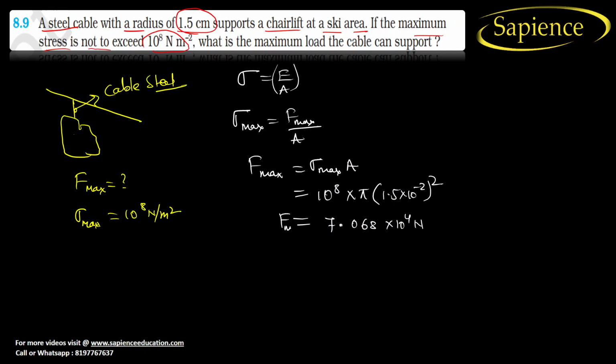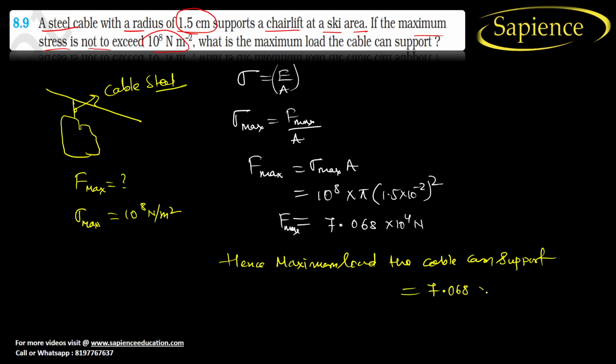Hence the maximum load the cable can support is equal to 7.068 into 10 to the power 4 Newton.